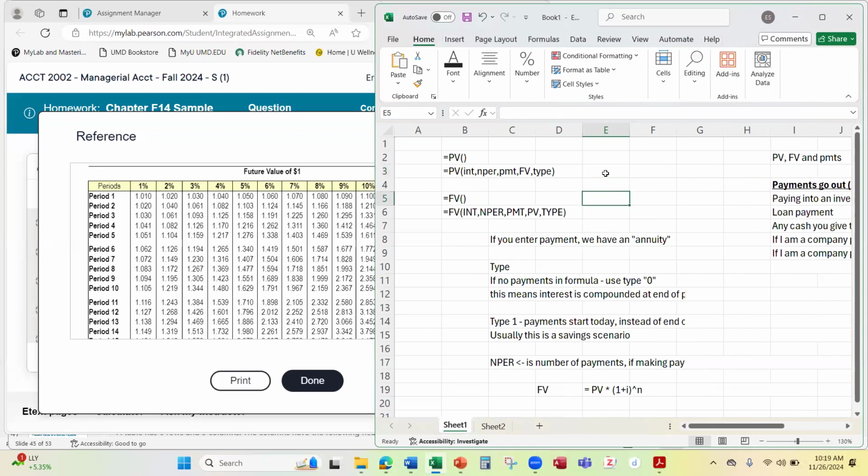To figure out the present value, what we would pay today for a bond that is worth $200,000, we're going to do this based on the market rate per payment period, which is the 4%, 8% divided by 2. And then our number of periods is 10 years times 2 payments per year, or 20.